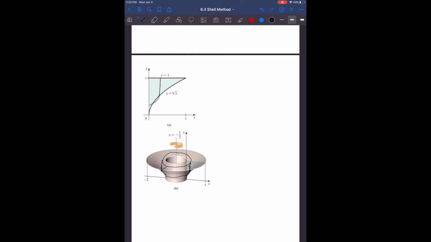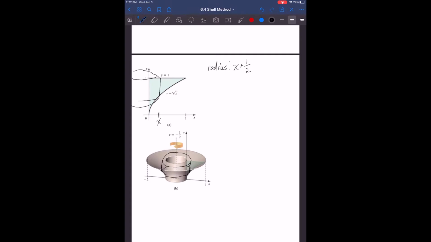So corresponding over here, we have this, and then it comes out over here, and it's centered around the line x equals negative 1/2. So the radius is not just going to be the x value we're looking at, but it's actually going to be the x value plus 1/2, right? We have this little bit extra that we need to add to it in order to get to our center. So our radius is going to be x plus 1/2.